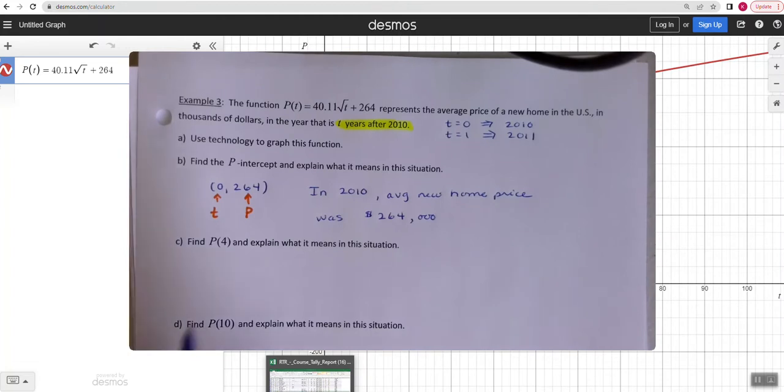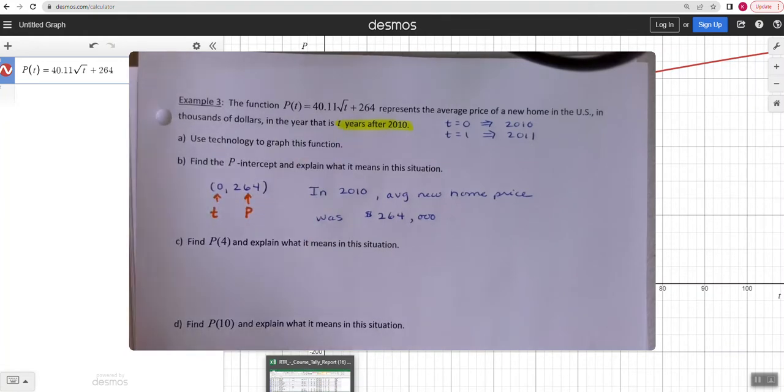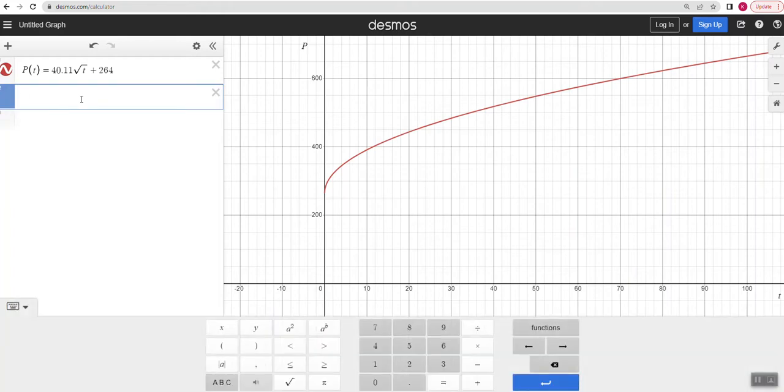All right, find P of 4 and explain what it means. I could by hand plug the 4 in for t, or I could just let Desmos do the math for us. If I want P of 4, I get 344.22.